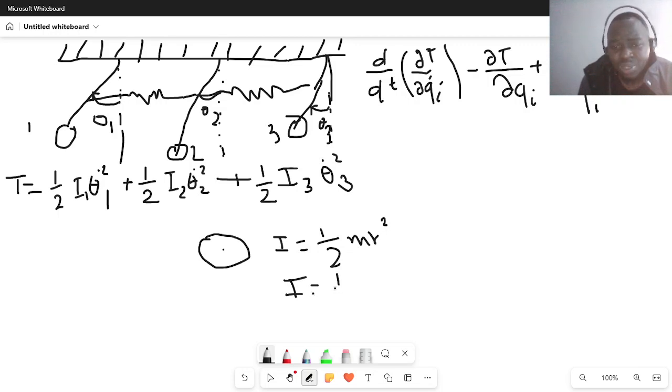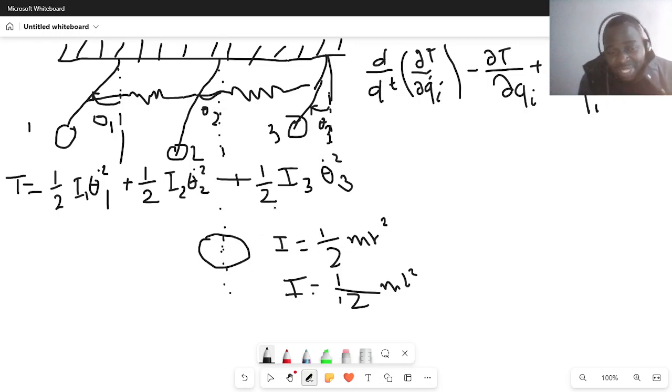A bar. It was like this for a bar, 1 over 12 m l square. This is the moment of inertia when it passes through its axis of rotation. If you guys still remember it, these have been covered in earlier classes in diploma. But don't worry, they will not ask you about these shapes here. You won't be having them here, just for you to remember.